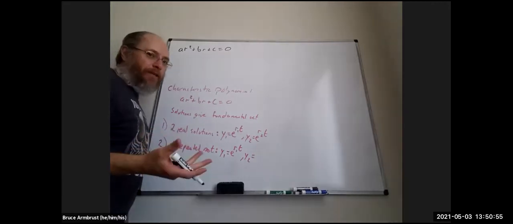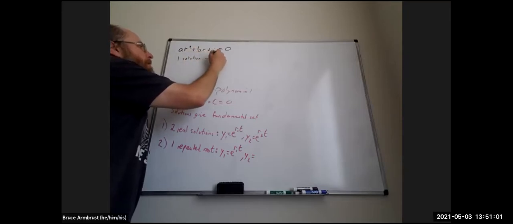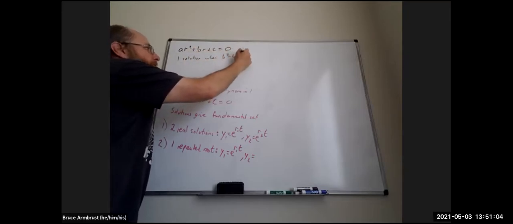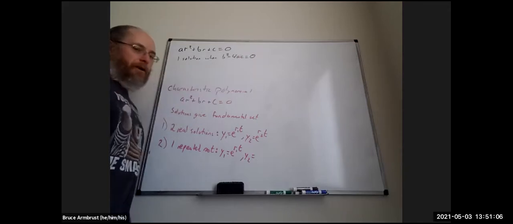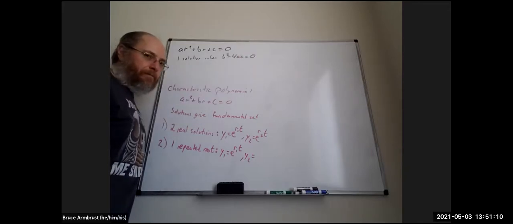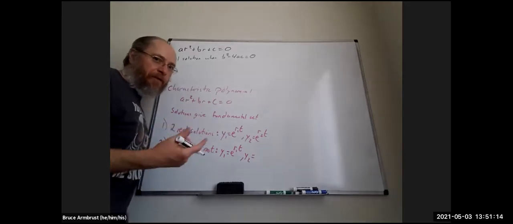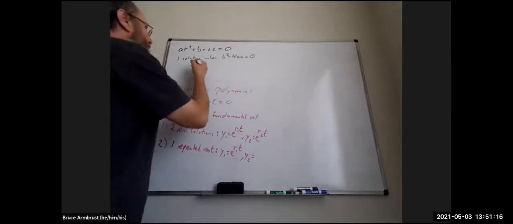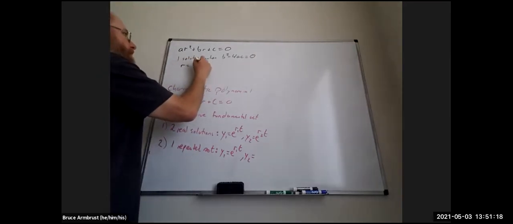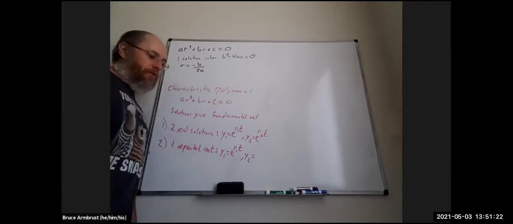Go back to your quadratic, and you get one solution when b squared minus 4ac is equal to 0. Because that's the plus or minus piece, then we get plus or minus 0. So that actually gives us a solution of r equals negative b over 2a.